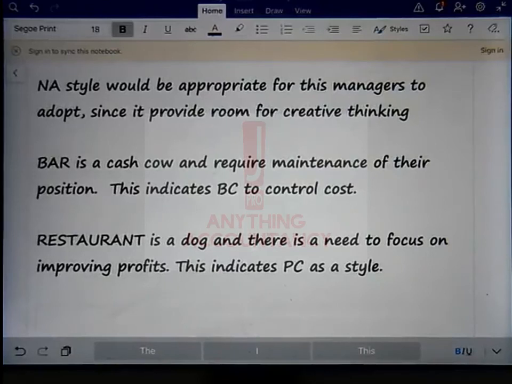Does that make sense? Restaurant, dog, bar, cash cow, 3 question marks, what style? Clear? Not clear? Any questions there? Too cold?